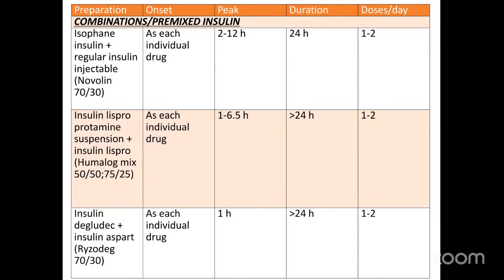Also, we have insulin degludec plus insulin aspart with a concentration of 70/30. All these combinations have different onsets, because it depends on the individual components of the preparation. They also have different peaks, but the duration is commonly more than 24 hours, and they can be used 1 to 2 doses per day.